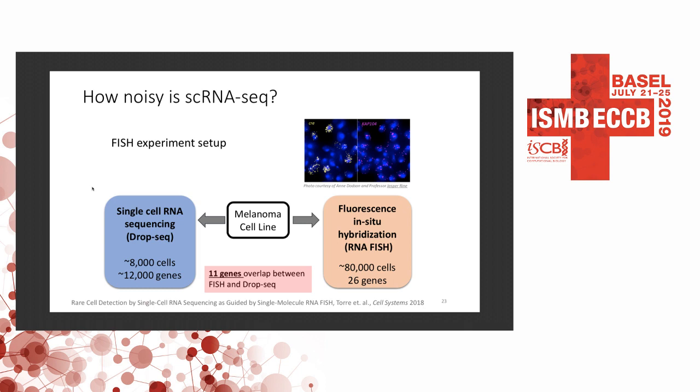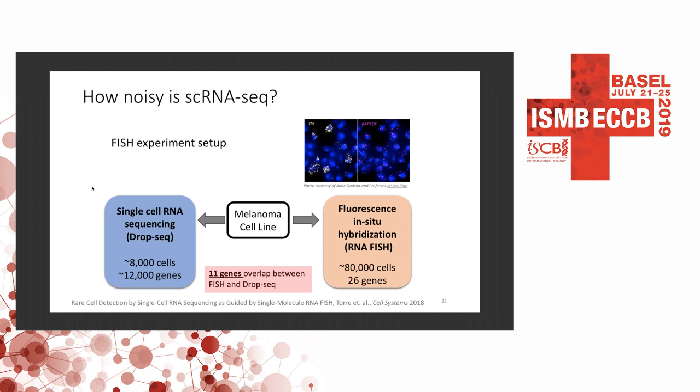These are the same cell populations, so they're measuring the same things: the number of RNAs in one cell for one gene. If both technologies were perfect, you would see their measurements be very similar. They are not measuring the same cell, but they're measuring the same cell population.